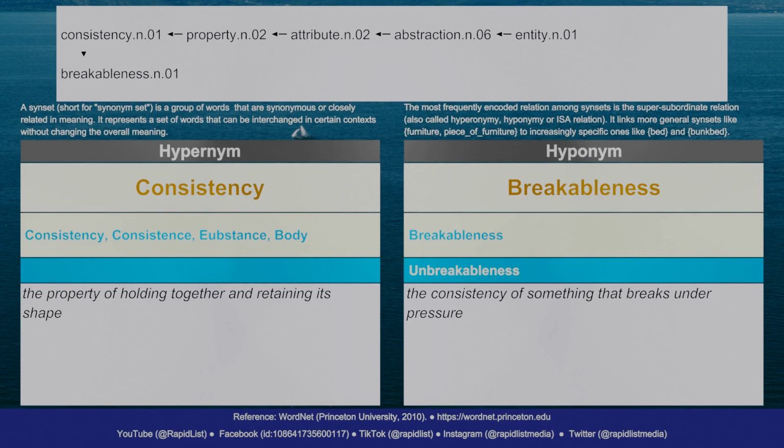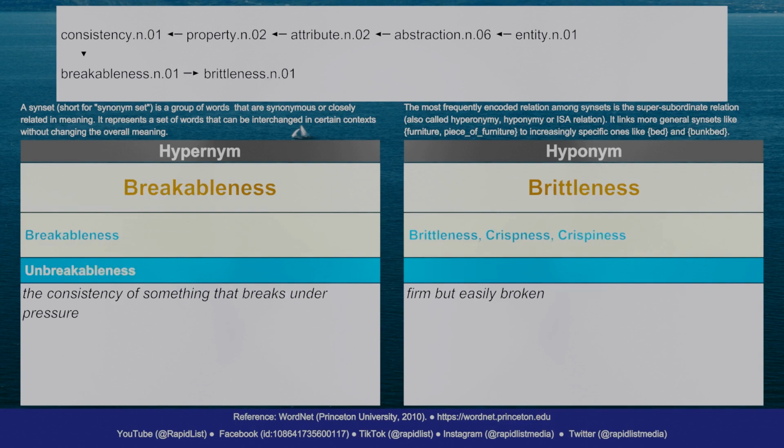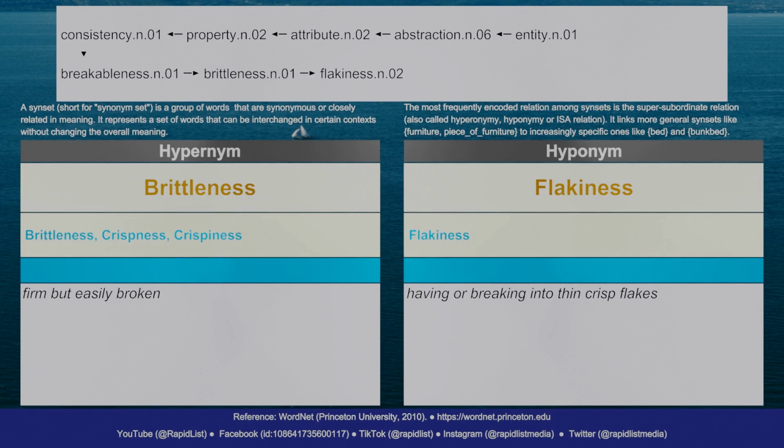Breakableness. The consistency of something that breaks under pressure. Brittleness. Firm but easily broken. Flakiness.